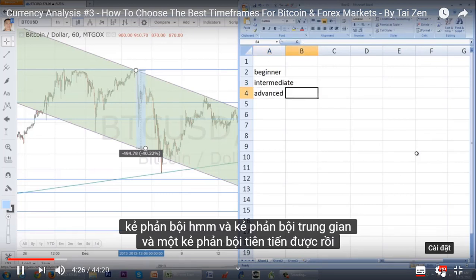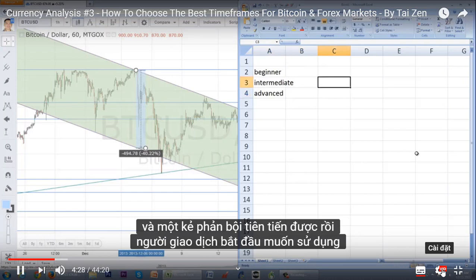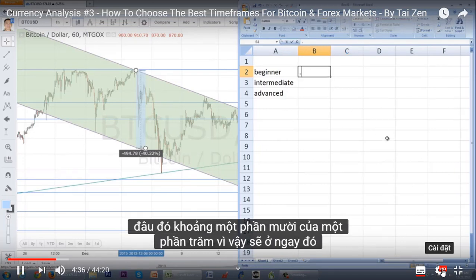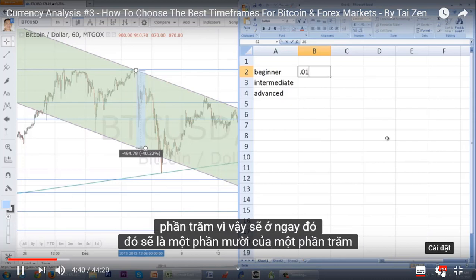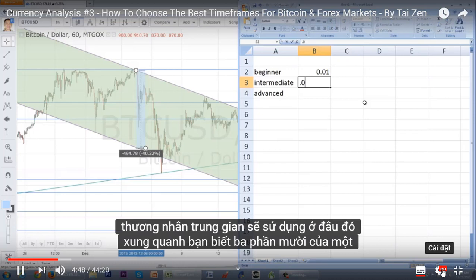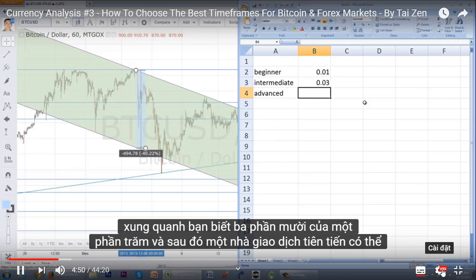A beginning trader would want to use somewhere around 1/10 of 1%. An intermediate trader will use somewhere around 3/10 of 1%.